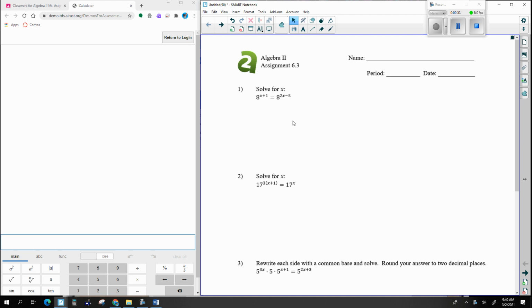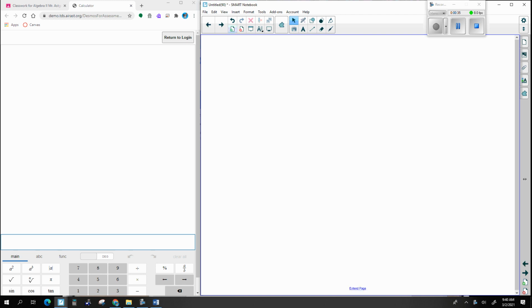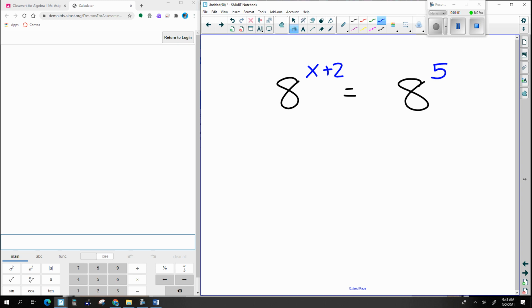What we're going to be doing today, let me spell this out for you a little bit, is this. We are going to be presented a problem in which we have two bases that are exactly the same, for some of the problems anyways. And we'll have some sort of exponents, like x plus 2 is equal to 5.